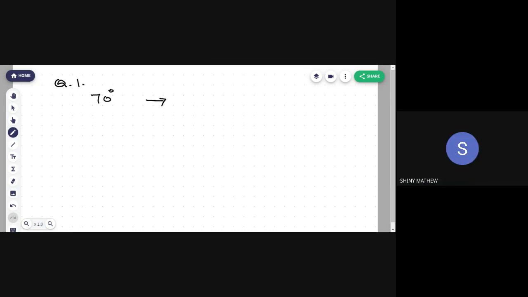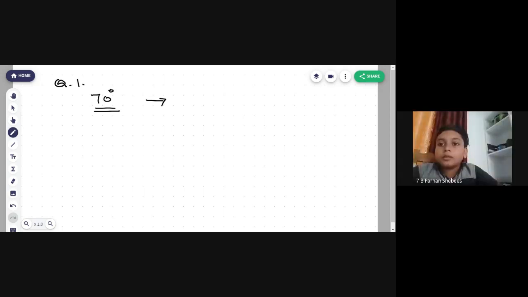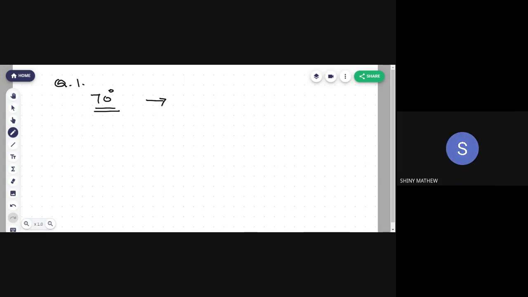You write the question this way: what is the measure of the complement of the following angles? Okay, so the given angle is 70 degrees. Then what is the complement of 70? 20 degrees. How do you get that 20 degrees?